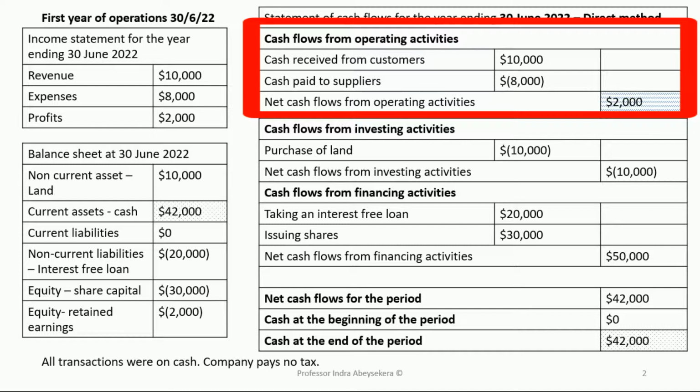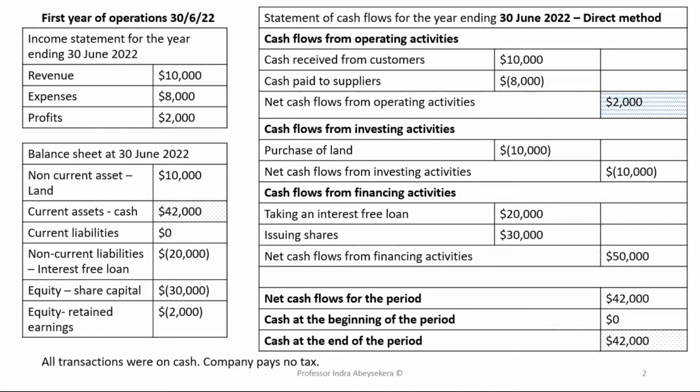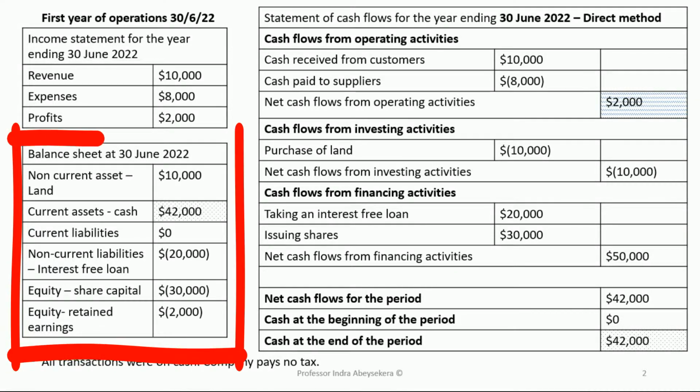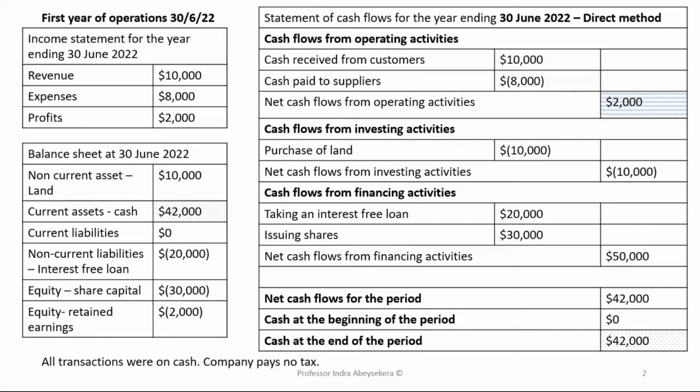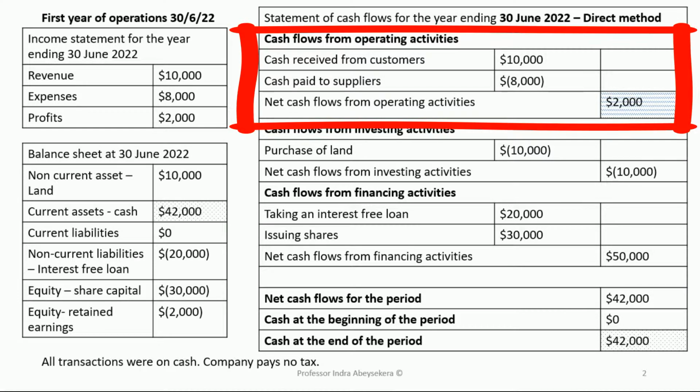Expenses is $8,000. And when we look at the balance sheet, we see that the current liabilities is 0, which means there's no accounts payable. All the expenses to the suppliers are paid immediately as cash, and cash paid to suppliers becomes 8,000. So the net cash flows from operating activities is the difference between 10,000 and 8,000, which is $2,000.